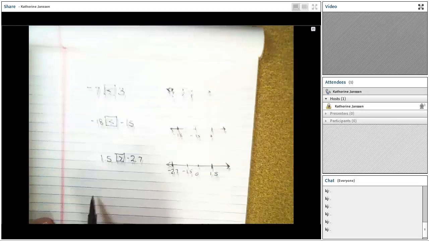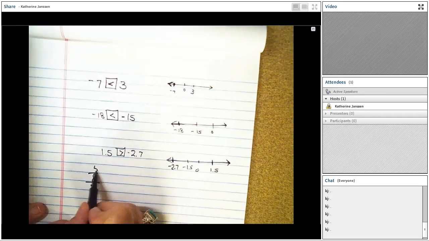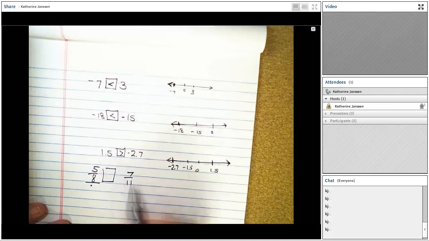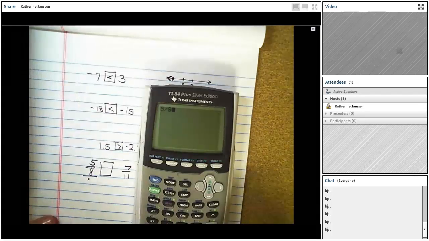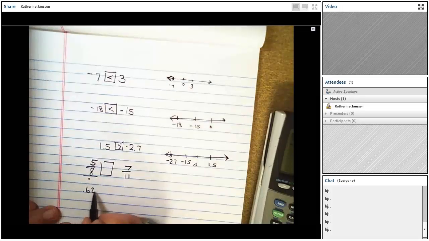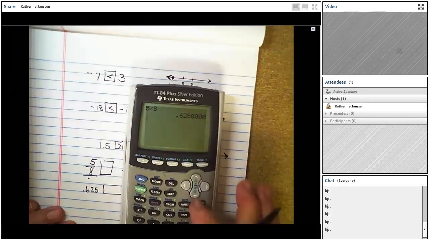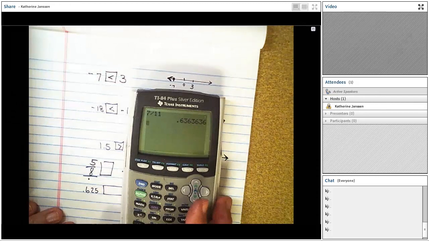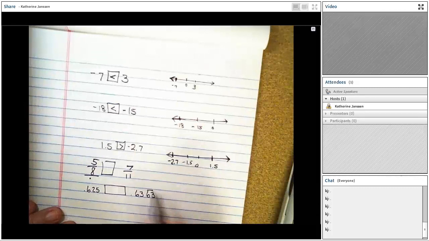Then you might be asked to compare 5/8 to 7/11. I'm going to use my calculator, and I have 5 divided by 8, and convert that. It's 0.625. And we're going to compare 7/11, and that's 0.636363 repeating.